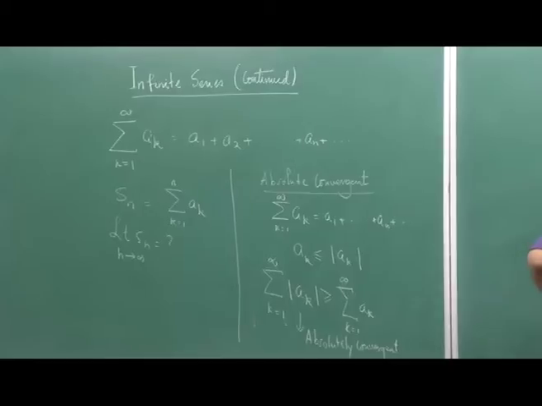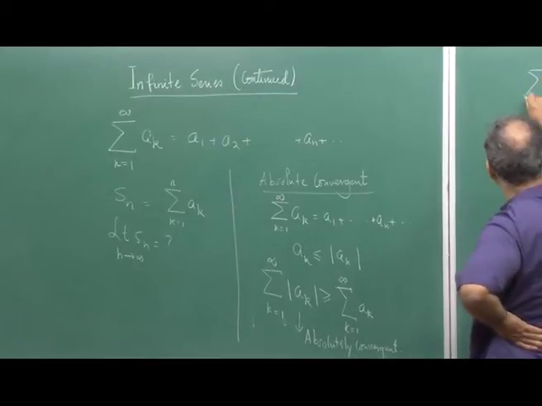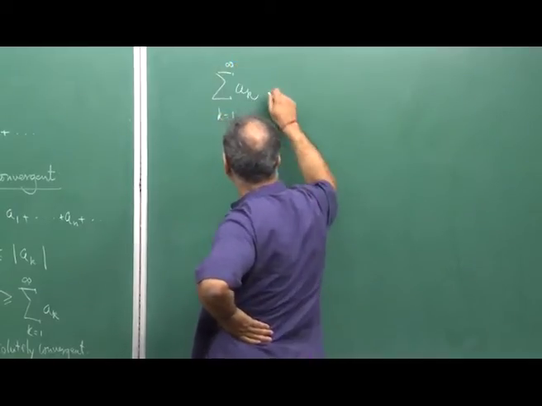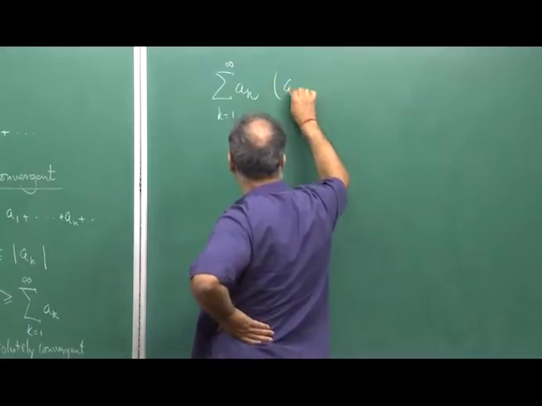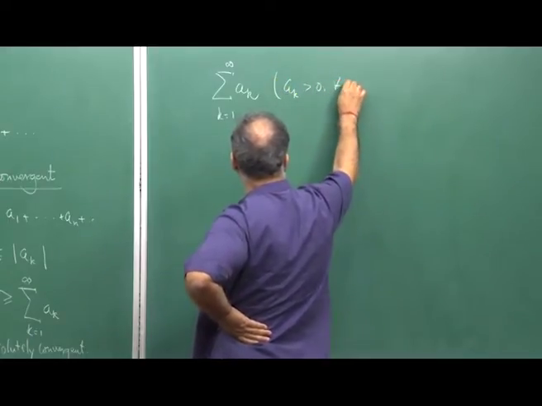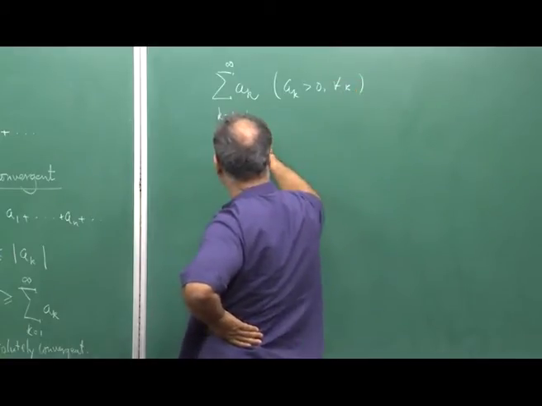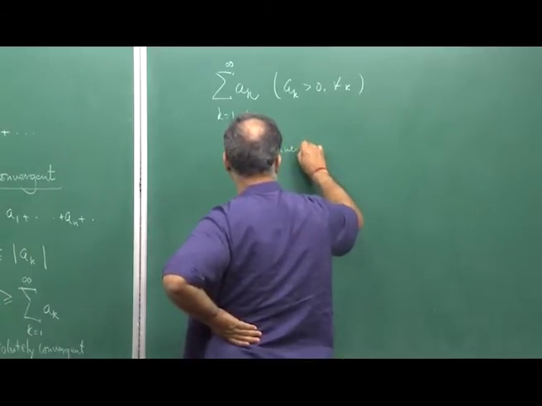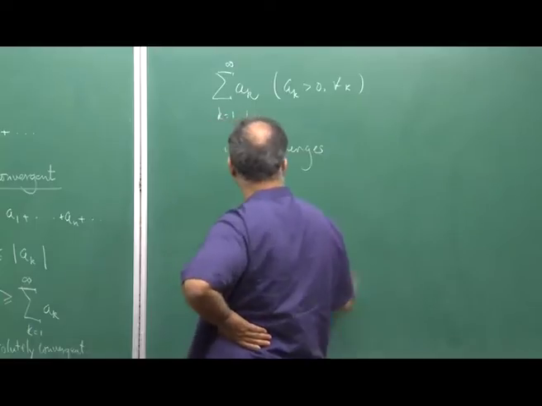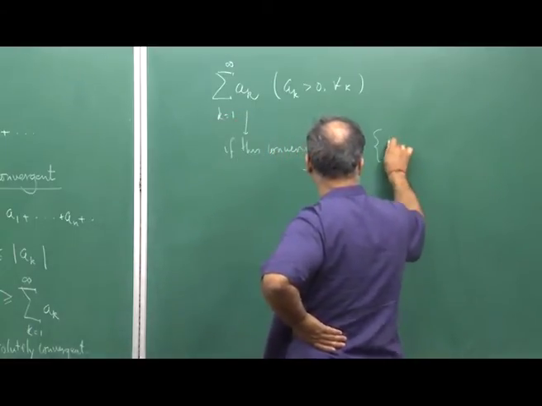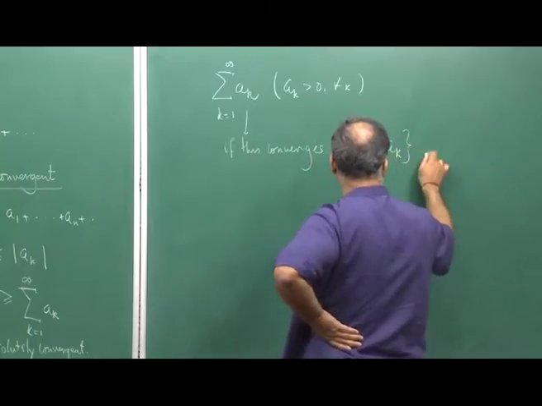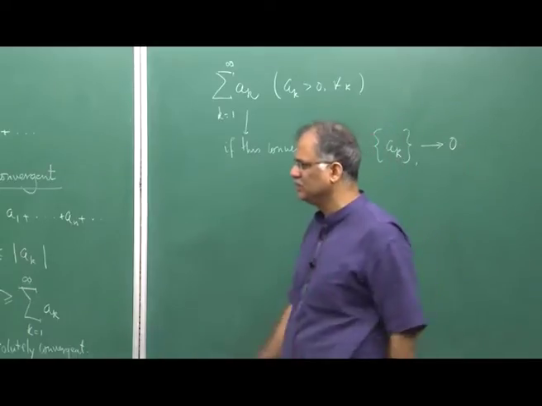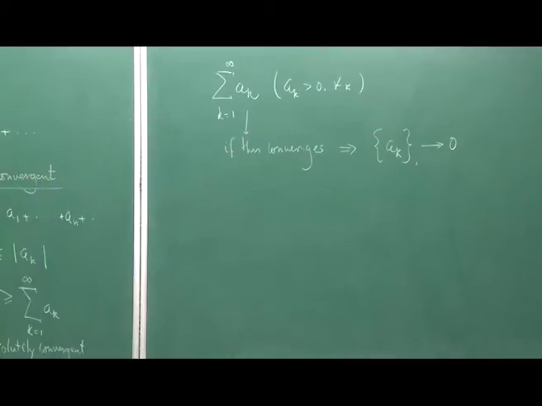So if you take a series of positive terms, say summation a_k, with a_k greater than or equal to 0 for all k, and if this converges, then it implies that the sequence a_k will go to 0, will converge to 0 as k tends to infinity.